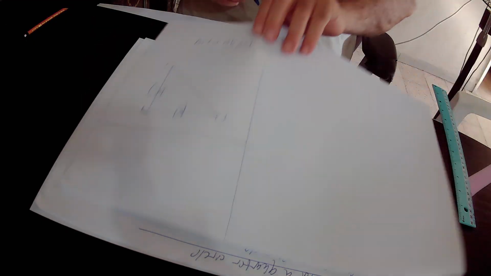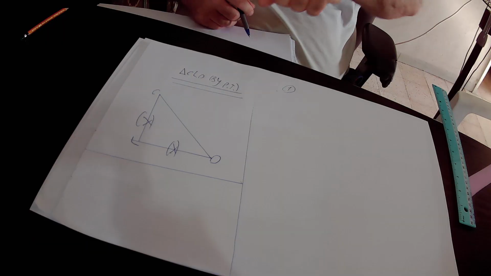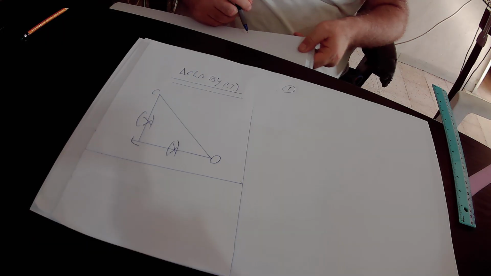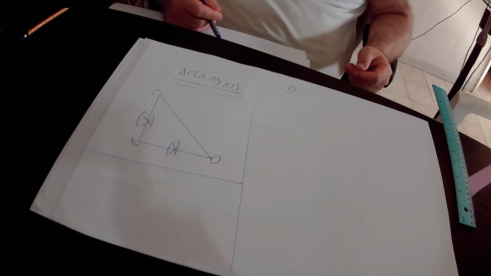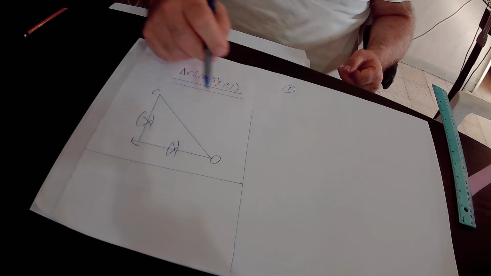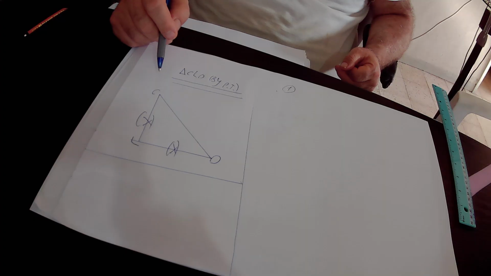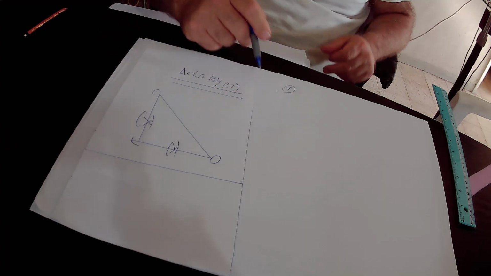So actually, this is the right associated triangle, triangle CLO, copied from the original drawing. According to the Pythagoras theorem, in this right triangle CLO, CO squared, that is the square of the hypotenuse, must be equal to CL squared plus LO squared. So I write it down.